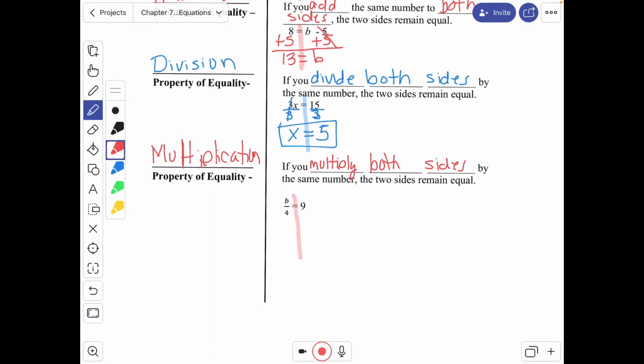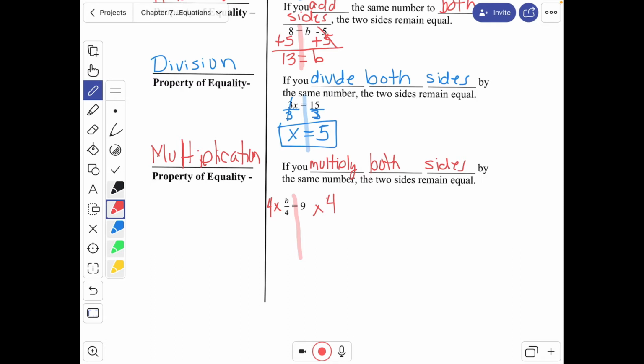So I have b divided by 4 equals 9. The opposite of division is multiplication. So I'm going to multiply this side times 4 and this side times 4 because we must keep it balanced.